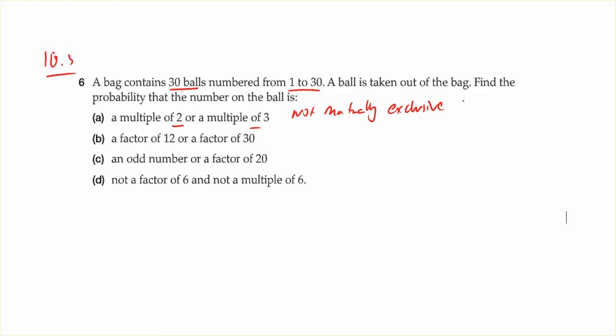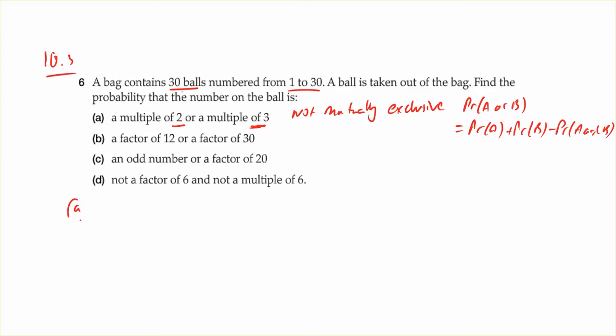Now, if they're not mutually exclusive, then the formula is probability of A or B is given by the probability of A plus the probability of B minus the probability of any overlap, A and B. So we're going to find how many balls have multiples of 2, how many have multiples of 3, and how many have multiples of both, so we can subtract it.